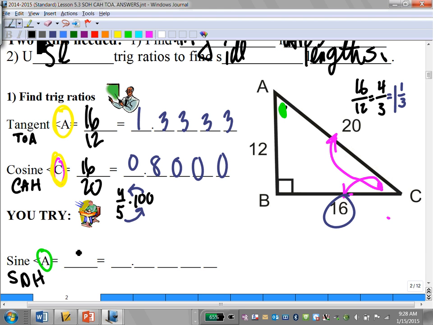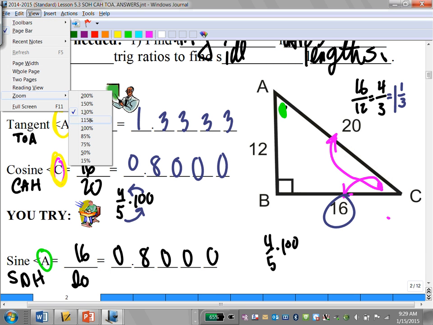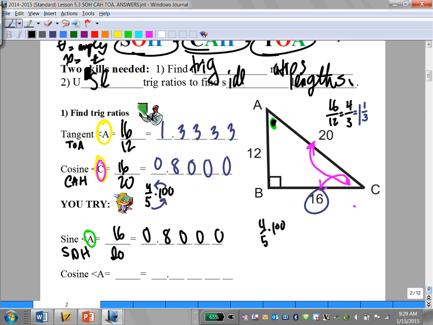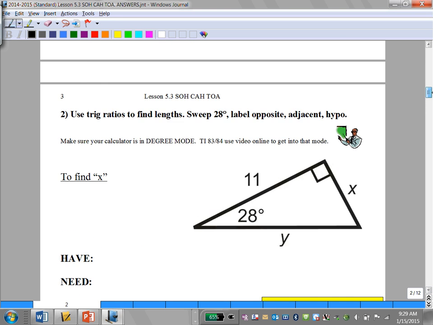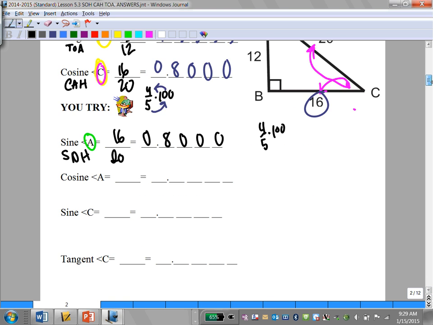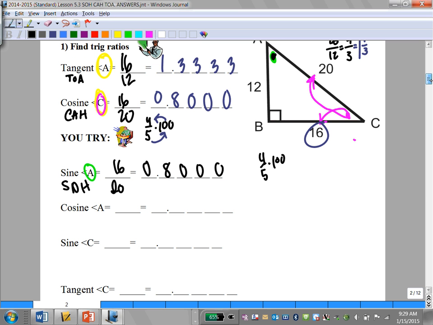Okay, there it is again. 16, 20, which is 4/5 times 100. Got it? Okay, you do the next 3 on your own. Go. To the best of your ability, do this without a calculator.